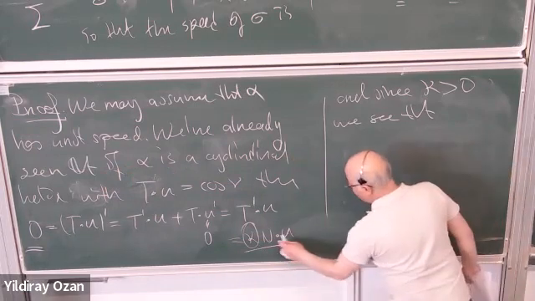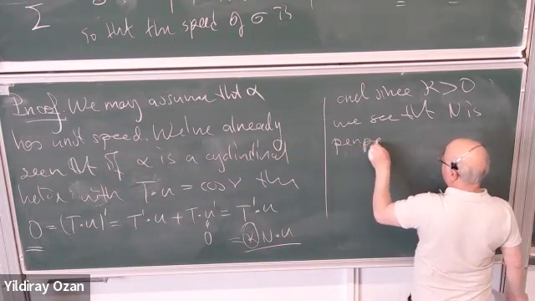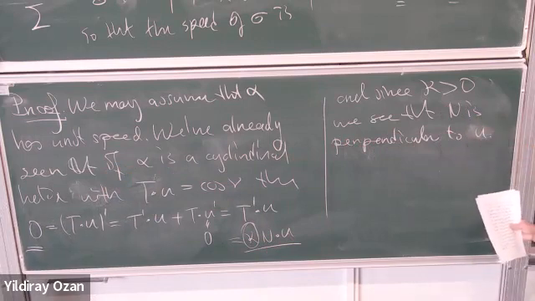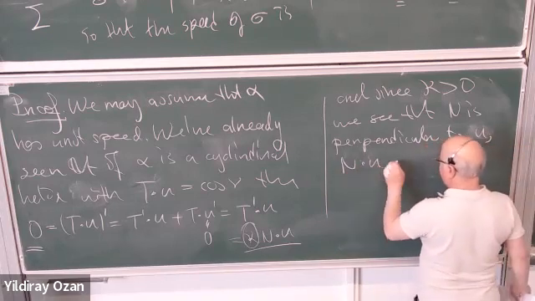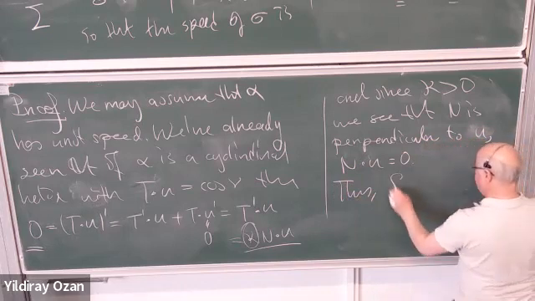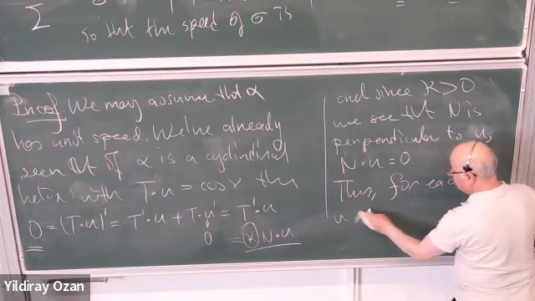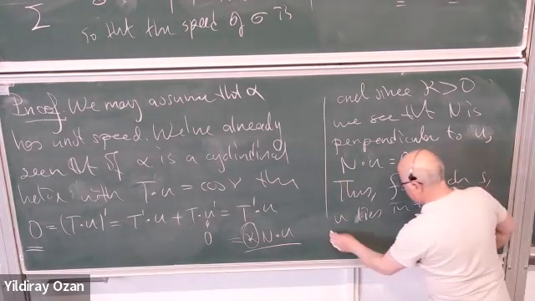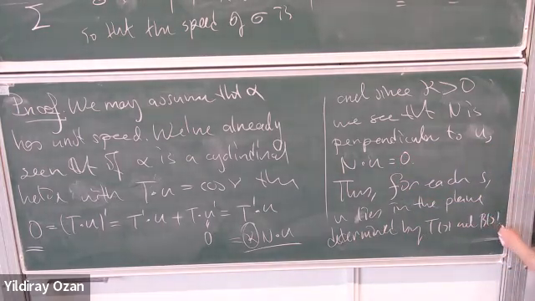It means that N is always perpendicular to U. Thus for each s, U lies in the plane determined by T(s) and B(s). Why is that?